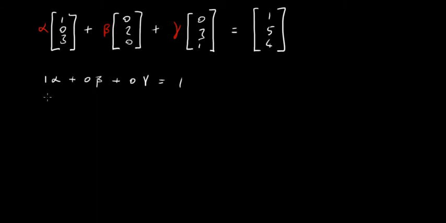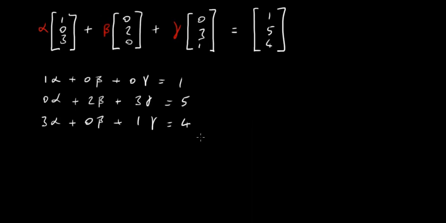Our second equation then will be the same. 0 times alpha plus 2 times beta plus 3 times gamma should give me 5. And then finally we've got 3 times alpha plus 0 times beta plus 1 times gamma here should give me 4. So let's look at these three equations here.